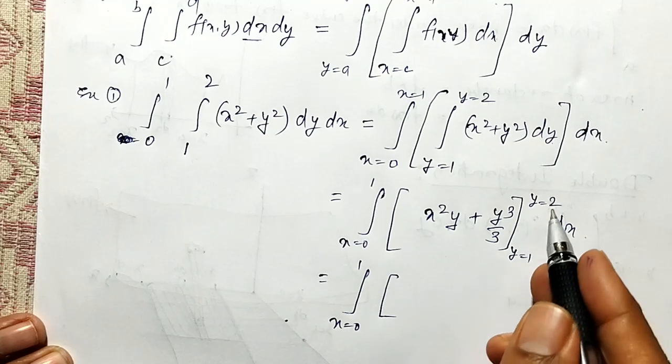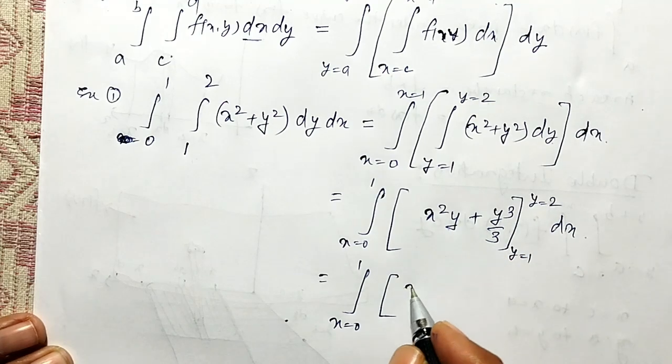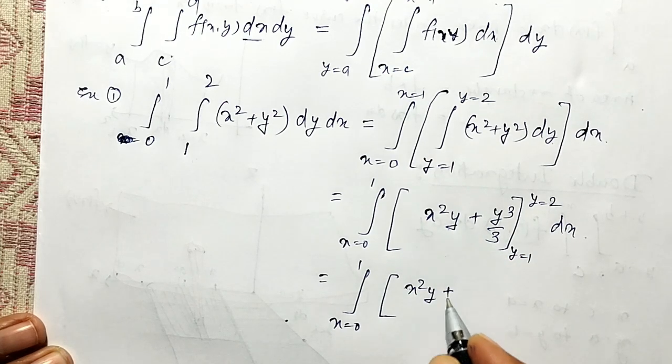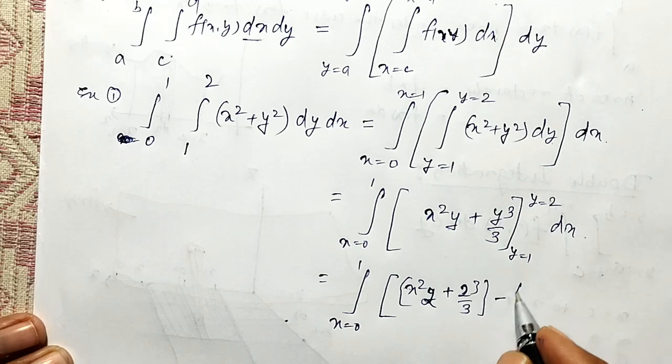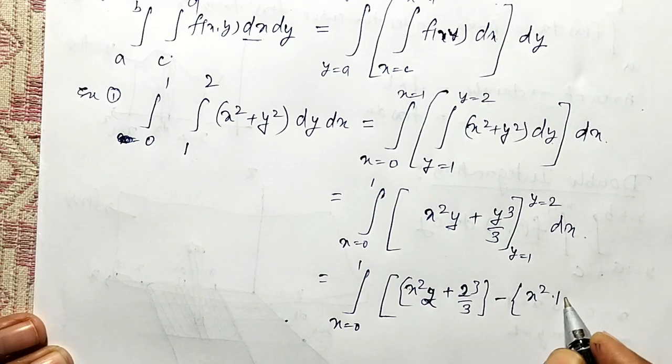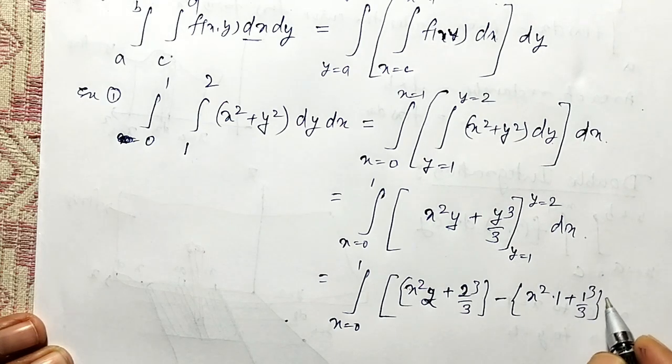Put the bracket again. For the upper limit, y is replaced by 2: x square into 2 plus 2 cube divided by 3, minus the lower limit y equal to 1: x square into 1 plus 1 cube divided by 3, into dx.